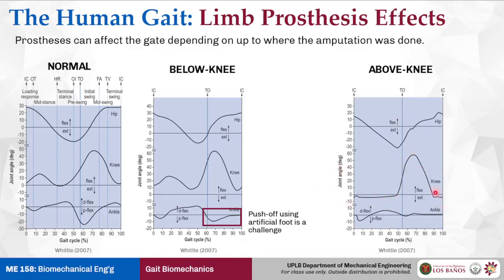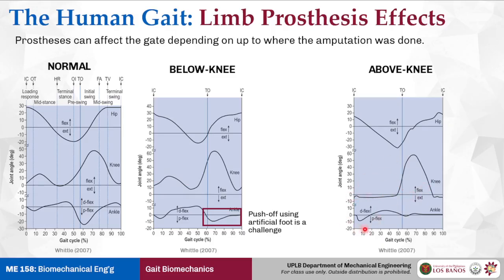I think this is the profile for a single-axis joint knee. So it's basically a hinge joint replacing the entire knee. And what you see here is, of course, you do have some flexion during the swing. However, you lose that little peak during the stance. So there's some difficulty here.